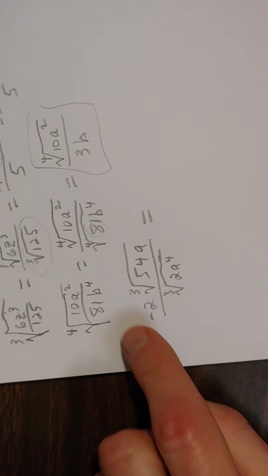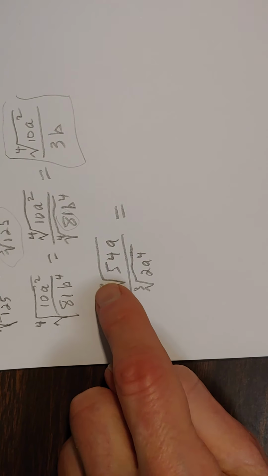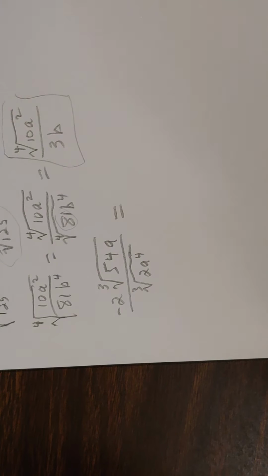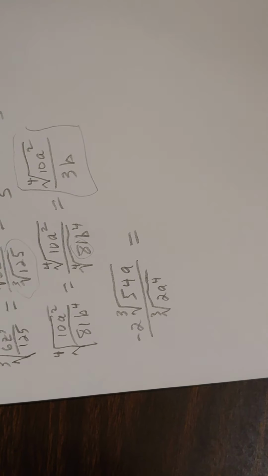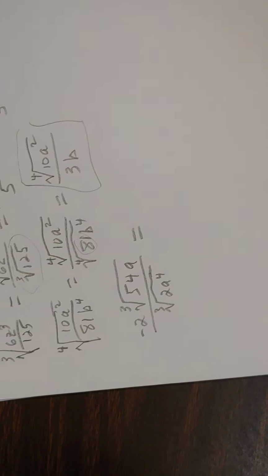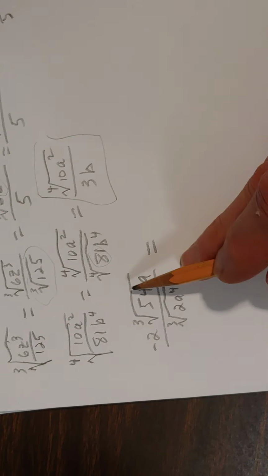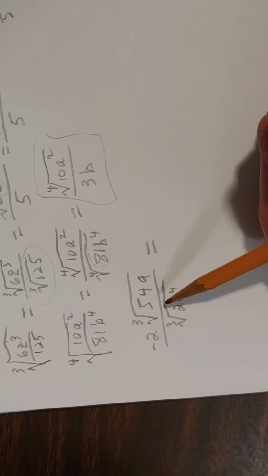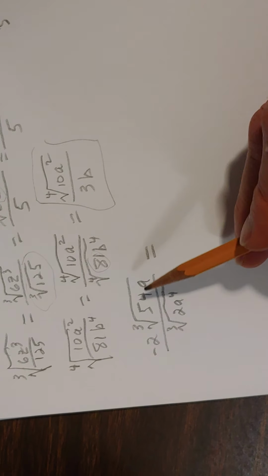Notice this time, instead of having the root of a fraction, we have a fraction where the numerator and denominator both have radicals in them, and they're both the same index. That's important. We'll deal with problems where the index is not the same, but here the indices are the same. So we could approach it like we did these up here. However, when you have one like this, look to see if you can write it as one radical, just the cube root of one big radical, because you can change it back.